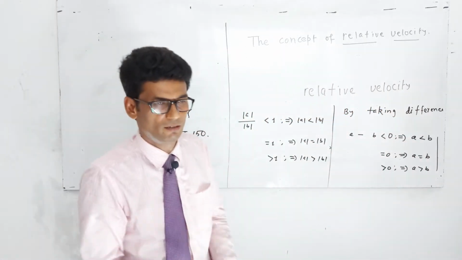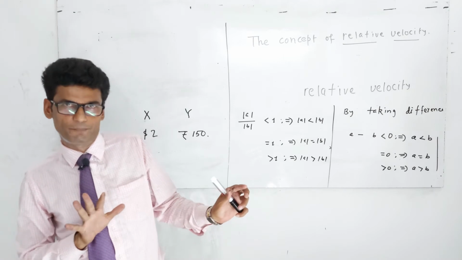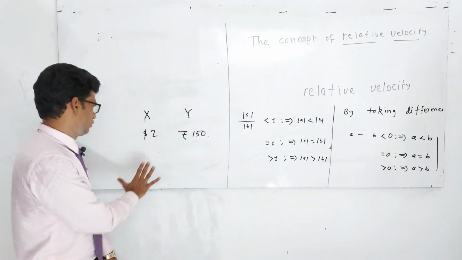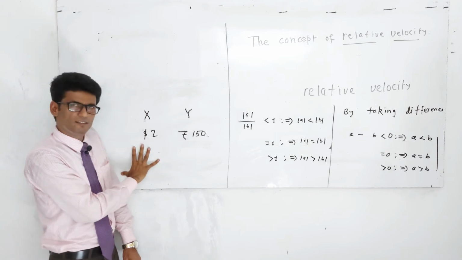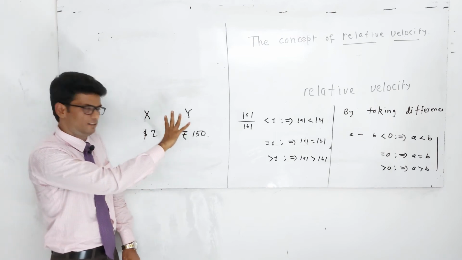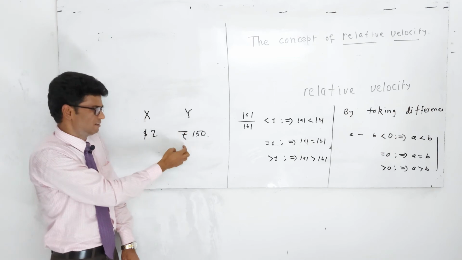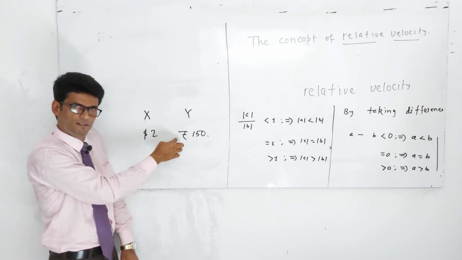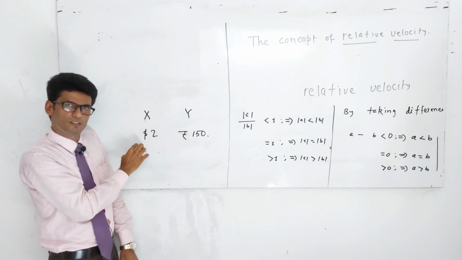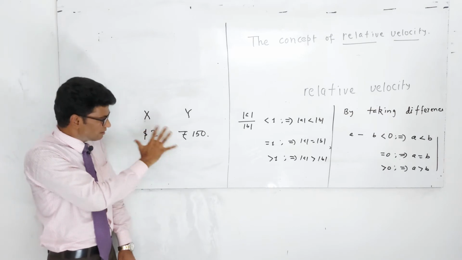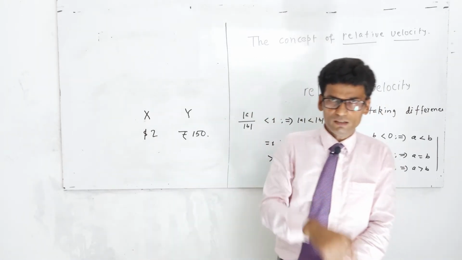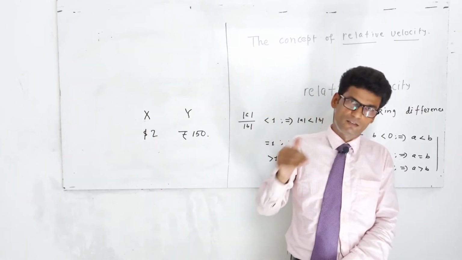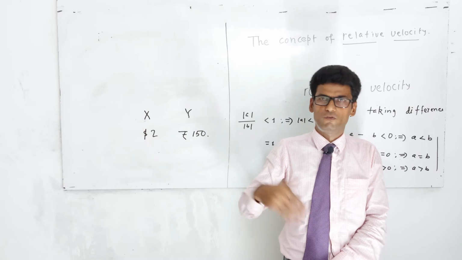But we are not in a position to compare. Why? Because their units are not the same. They are different currencies: the American dollar, and my country India's rupees. So either we have to convert dollars into rupees, or vice versa.